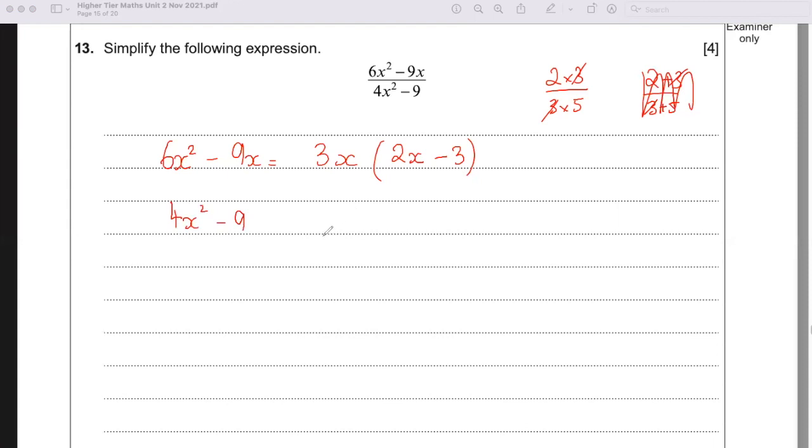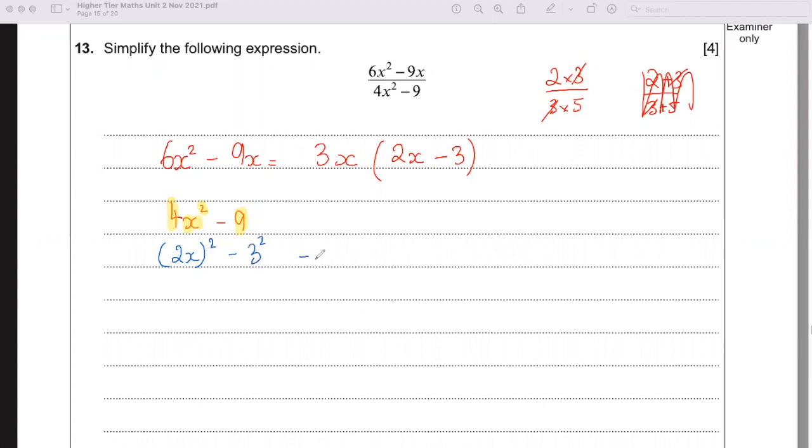The first thing you can see is there's no common factor, so you can't take a common factor out. You have to think about the difference between two squares, because you can see these are square numbers. So you write 4x squared as 2x all squared, take away 9 as 3 squared.